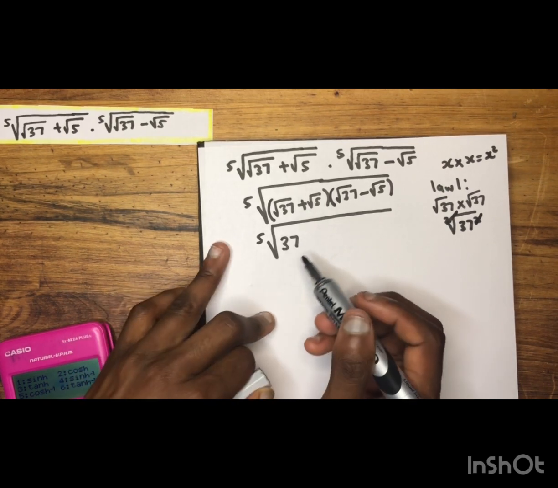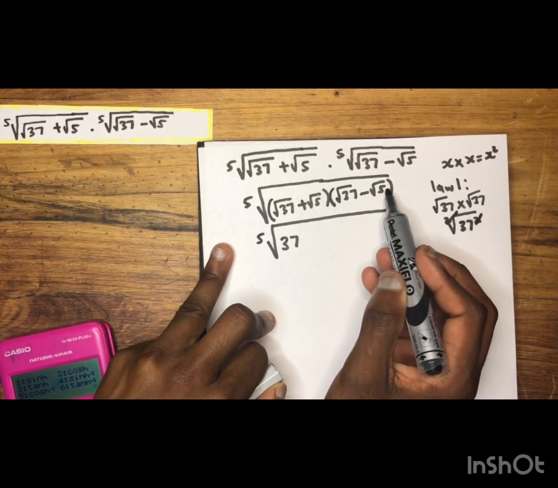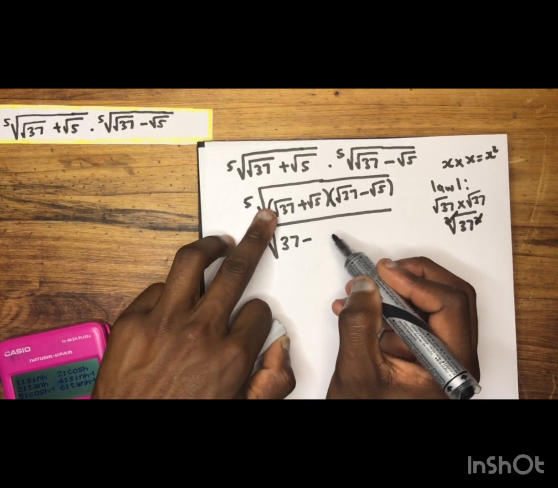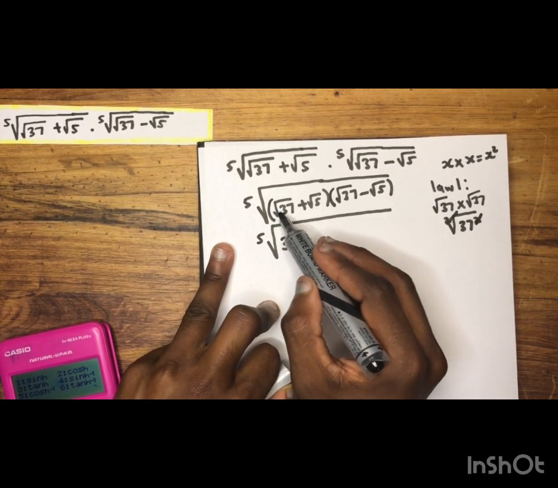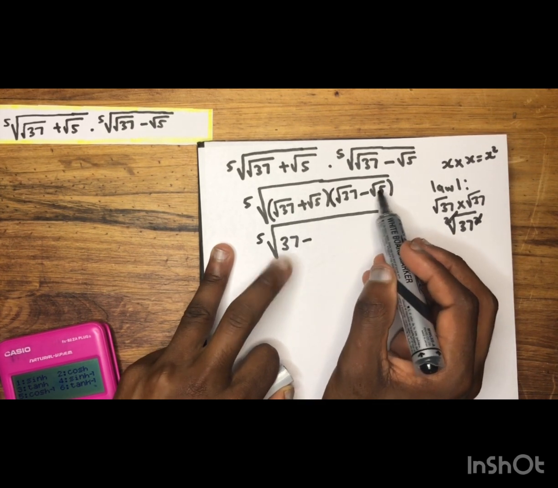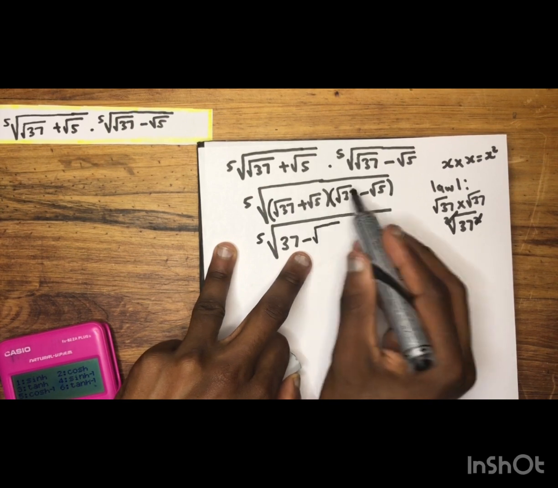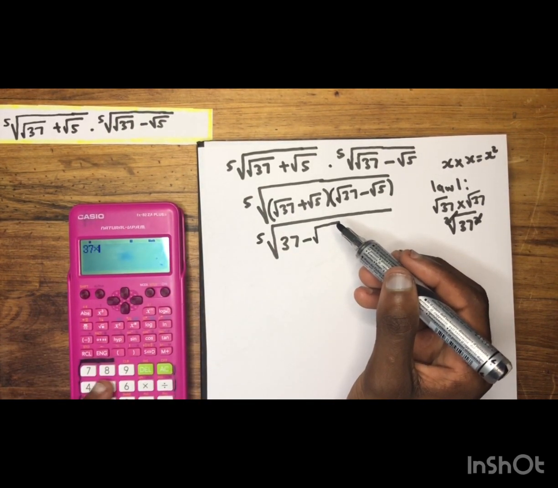And then you say positive root 37 times negative root 5. You are going to get a negative, because a positive times a negative will give you a negative. But here, root 37 times root 5, the roots are the same, but what we have inside is not the same. So we say 37 times 5.